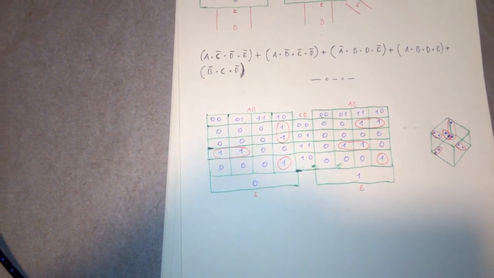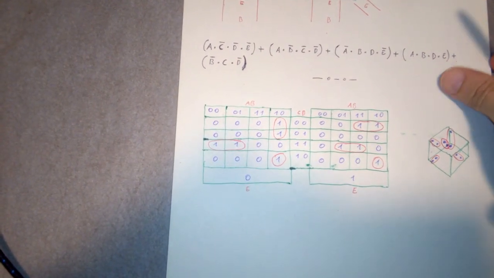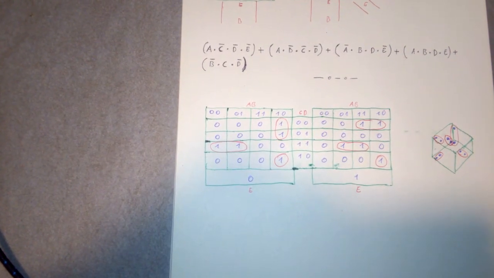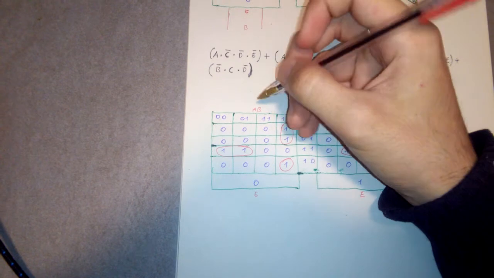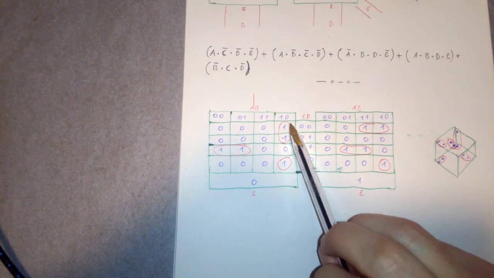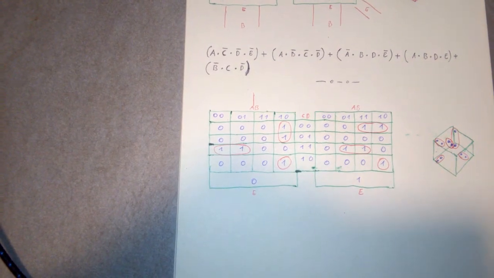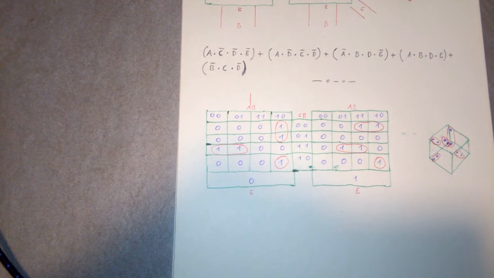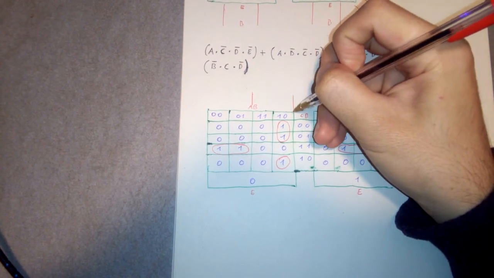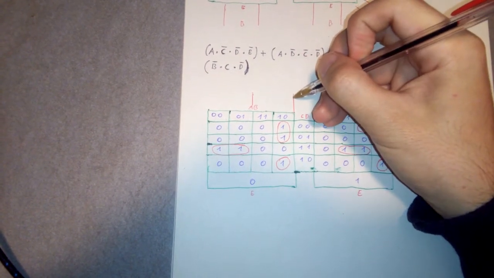All right, so this is basically our map, and since we are using the minterm representation, we're going to have a sum of products, and we're basically interested in where the values are 1. So our groups are made of prime implicants of 1. And we're interested in where A, B, C, D, and E are asserted. So where they are 1.